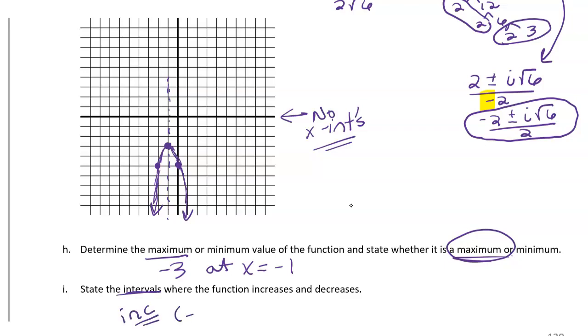So increasing is going to be -infinity to -1, and decreasing is going to be -1 to infinity. Remember, you use those x values. The increasing is going to be the left side of the graph, and the decreasing is going to be the right side of the graph. And that is review.